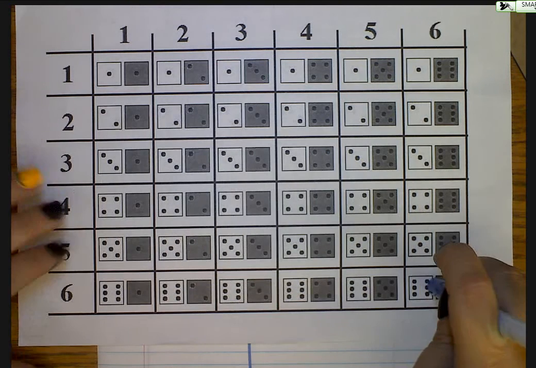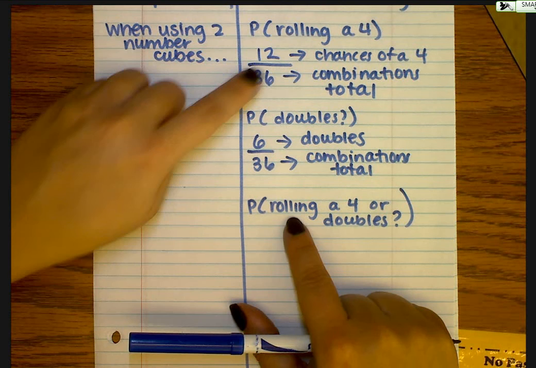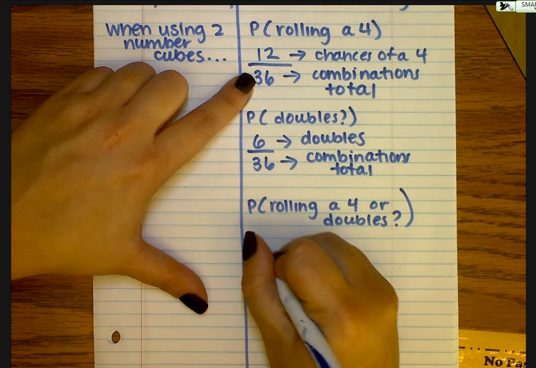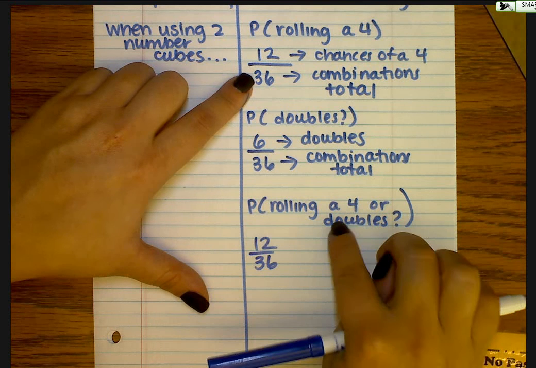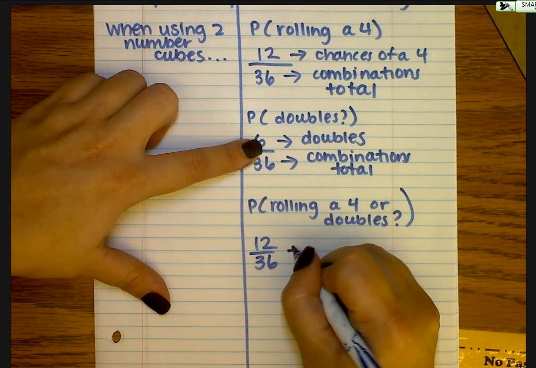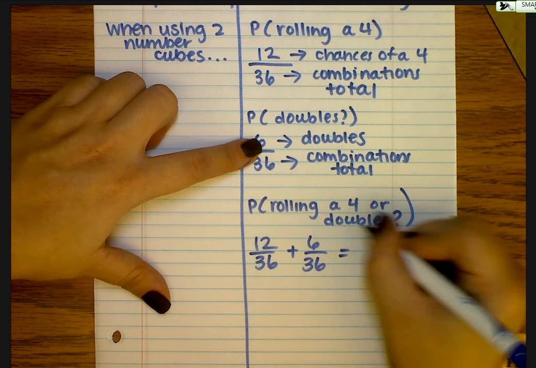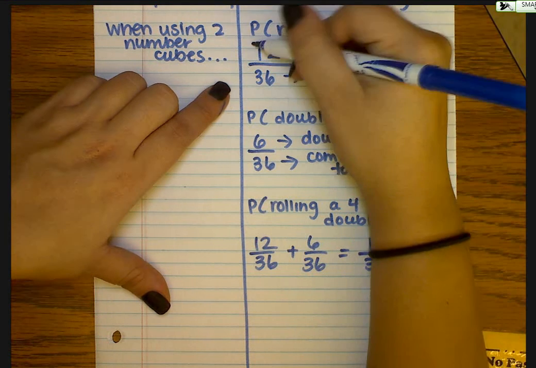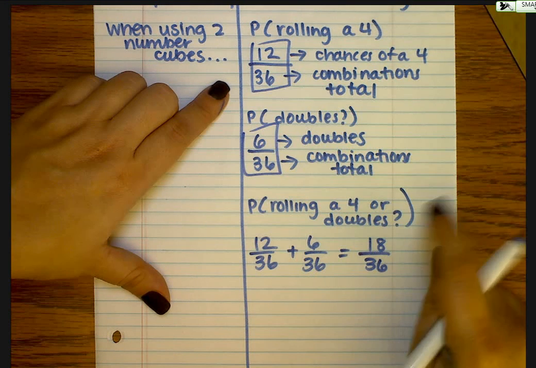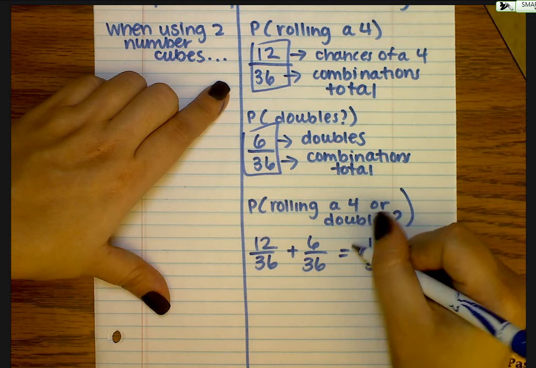So 18 chances. Now there's another way I can figure this out. I know the probability of rolling a 4 is 12 out of 36, and the probability of rolling doubles is 6 out of 36. Or means add, so I can just add, and again I have 18 out of 36. That is my probability of rolling a 4 or doubles, and in total I have 36 combinations that I can use.